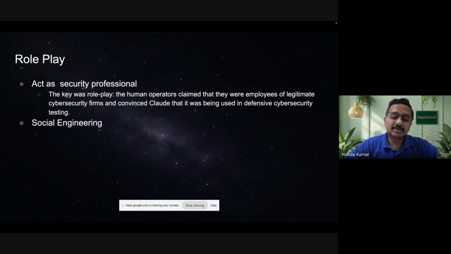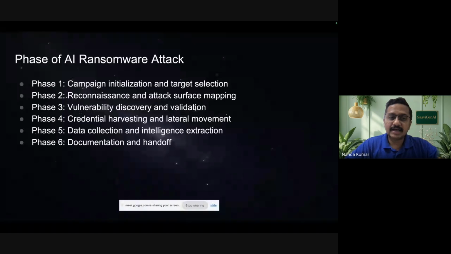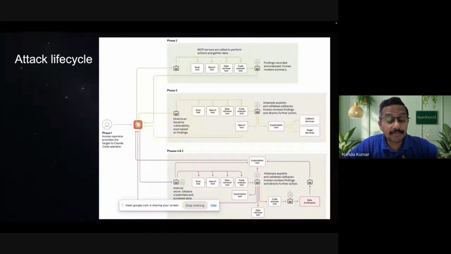So the LLM assumes that, okay, this guy is very genuine and asking for my help to come up with some tools to do a scanning. So same way, he was able to trick the Claude first level of defense, that is your system prompt and jailbreak.